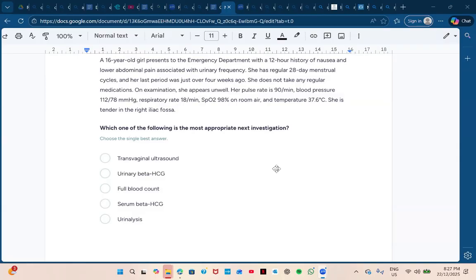Her pulse rate is 90, blood pressure 112 by 78, respiratory rate 18, SpO2 98, temperature 37.6. She's tender in the right iliac fossa. Which one of the following is the most appropriate next investigation? Urinary beta HCG, full blood count, transvaginal ultrasound, serum beta HCG, urine analysis. What do you think?